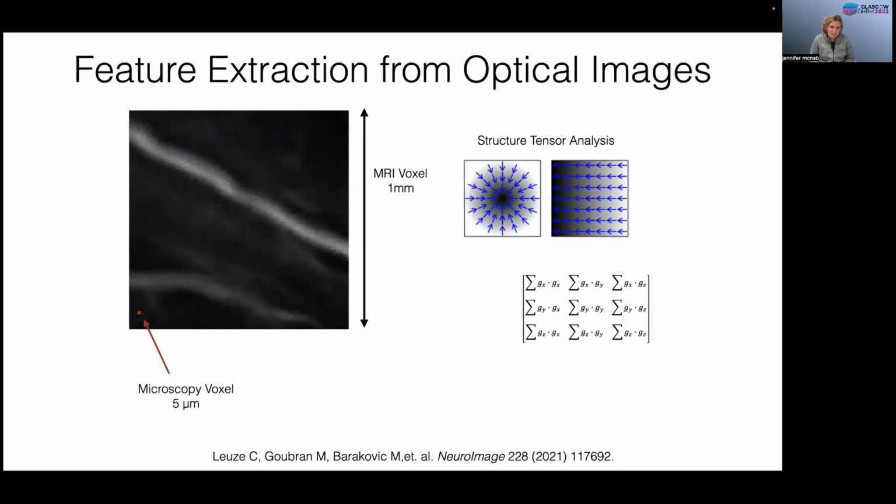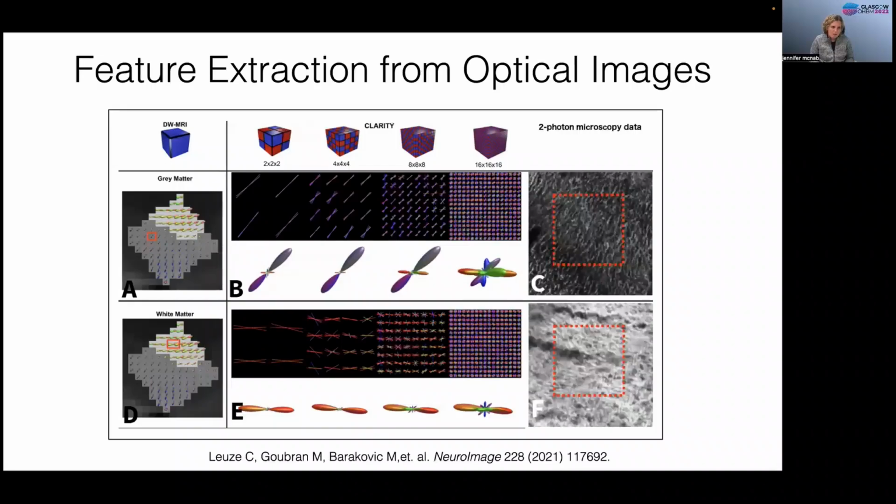Luckily, there are pretty well-defined ways to do this for fiber structures. There's the structure tensor analysis, which we were able to do in 3D with this data, and relies on image intensity gradients to identify the boundaries of fibers. We also spent some time looking at the volume over which you look at these image intensity gradients and how that relates to the resolution of your microscopy data and how that affects the ultimate fiber orientation distribution that you estimate.